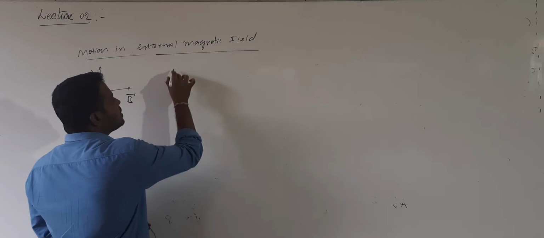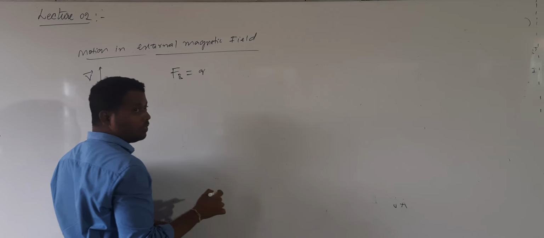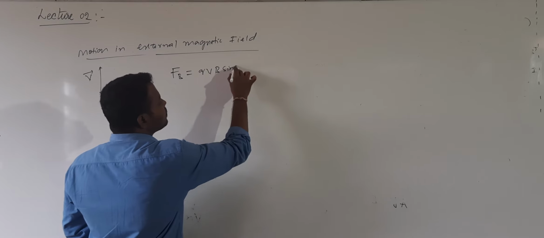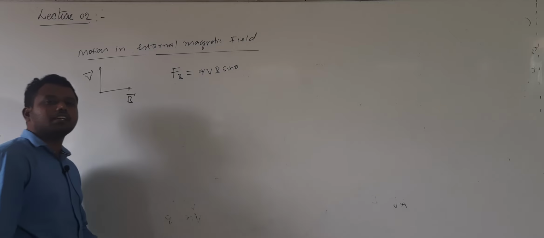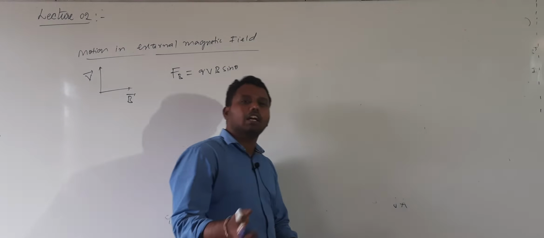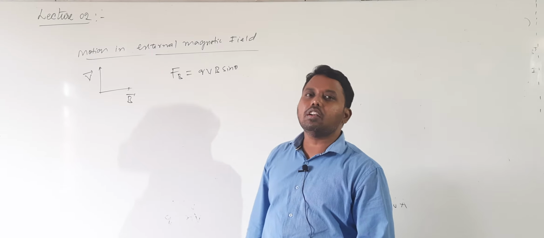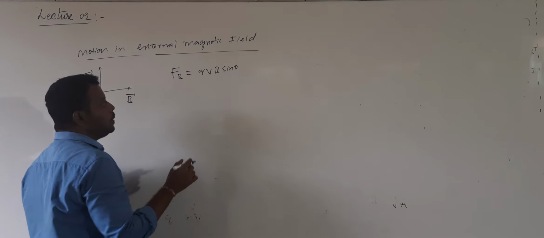By yesterday's discussion, the magnetic force acting on a charge moving in a magnetic field is given by F is equal to QVB sin theta, only the magnitude. The direction we know, given by Fleming's left hand rule. That is the magnitude of the magnetic force FB.